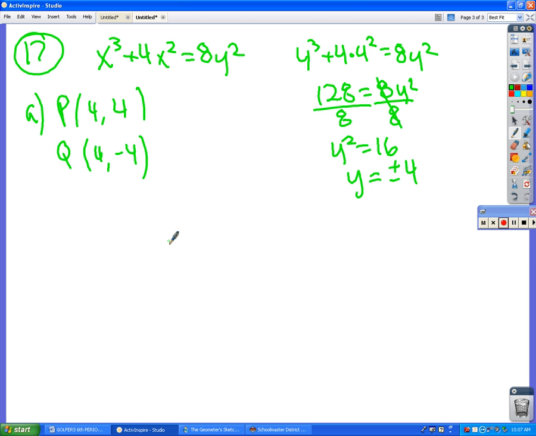Yep. Okay, B, the implicit derivative is, so the derivative of x cubed is 3x squared. The derivative of 4x squared is 8x.